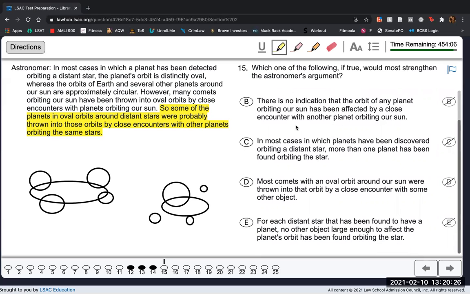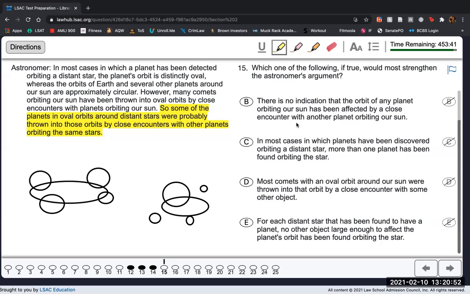B: there is no indication that the orbit of any planet orbiting our sun has been affected by a close encounter with another planet orbiting our sun. So that doesn't really support our conclusion. We're looking for more evidence, or something that's really going to support. Here, they're just saying that sometimes planets change comets into oval orbit.